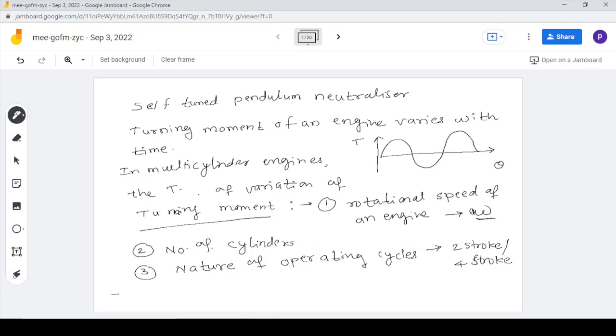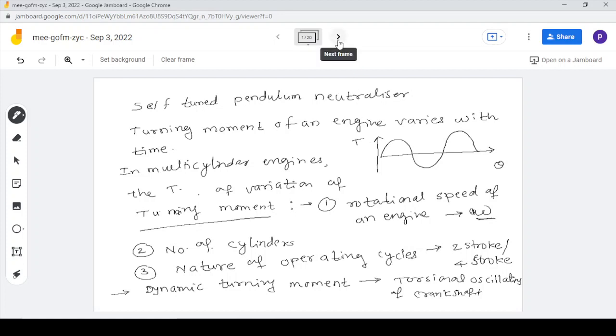And what is the result of this? This dynamic turning moment will give rise to torsional oscillations of the crankshaft.